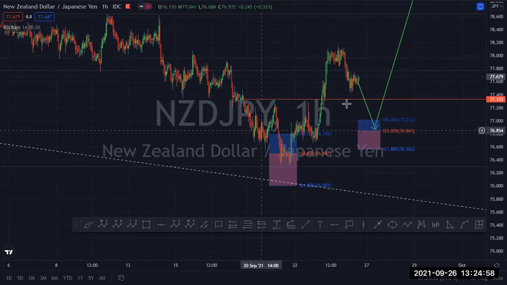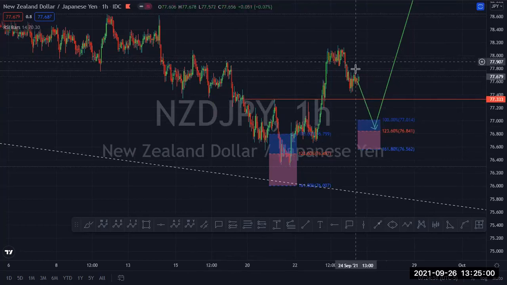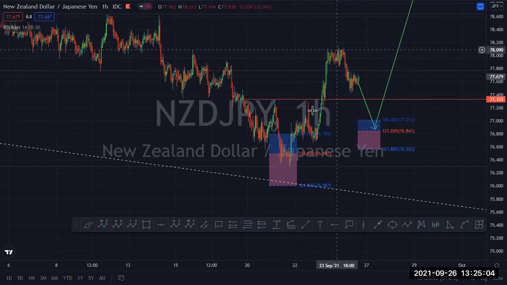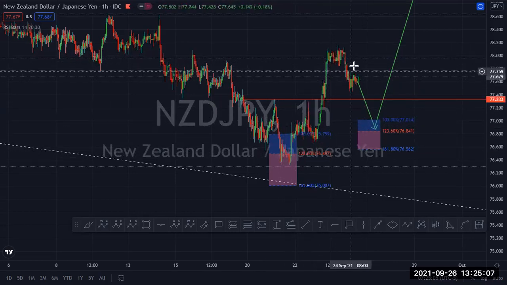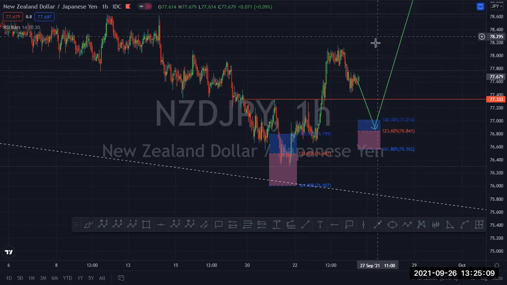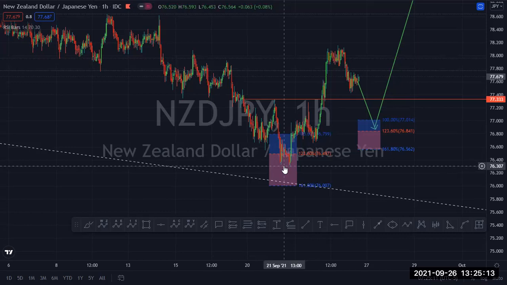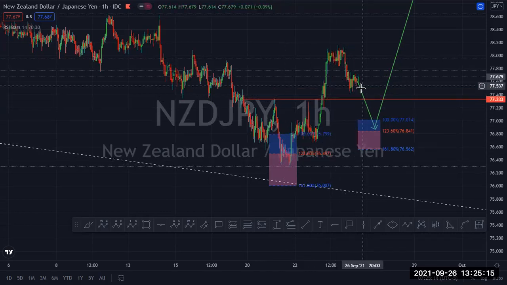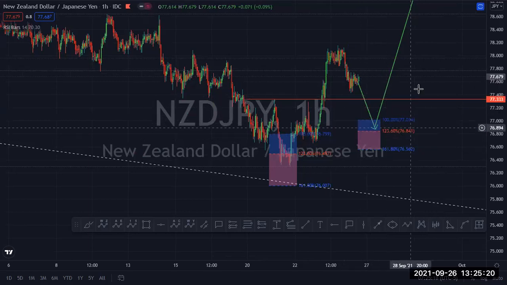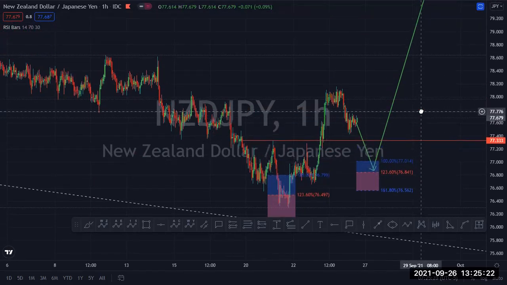So on 1 hour, I would like it to drop to this level. This can be seen as A, B, C. The 1, 2, 3, 4, 5 are not clear. But because 4 hours has confirmed the buying, I want to know what happens here. What happens here will determine whether I'm joining buyers.